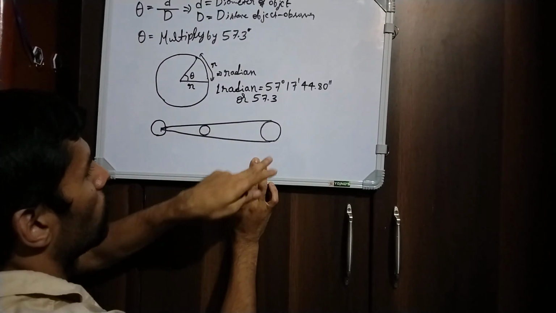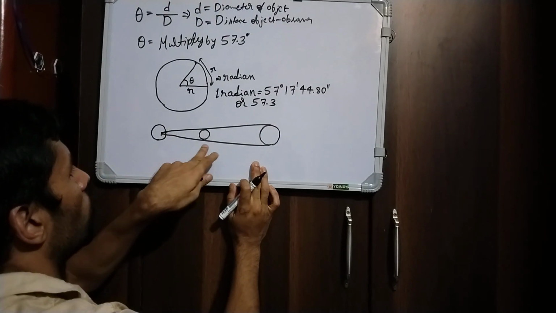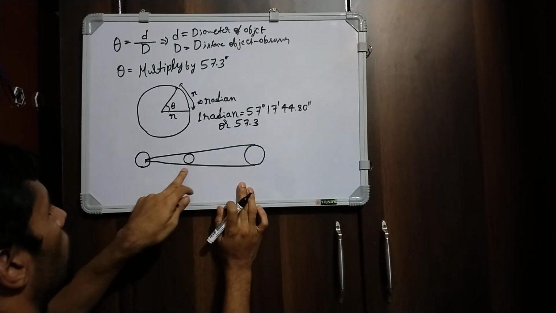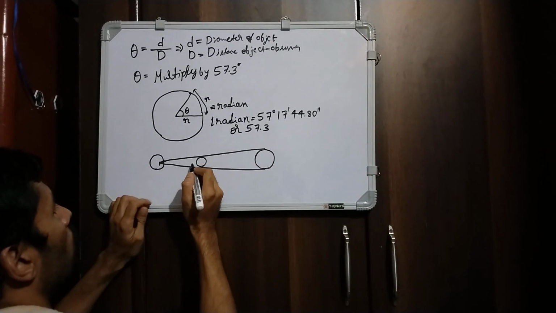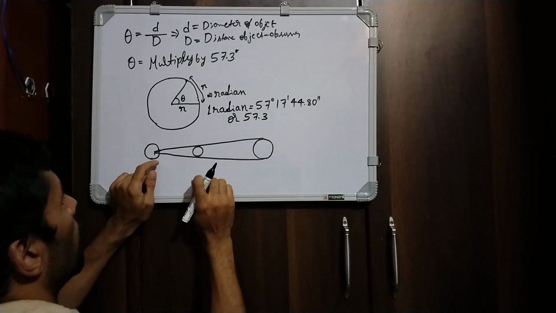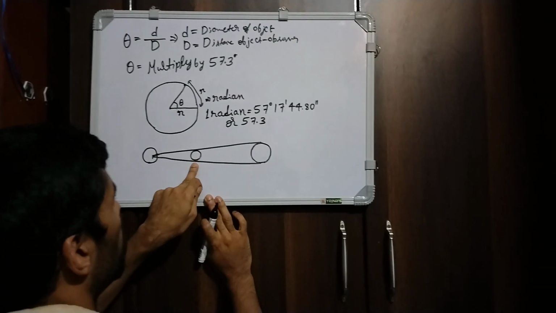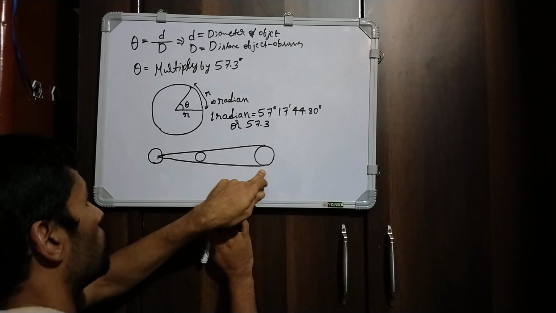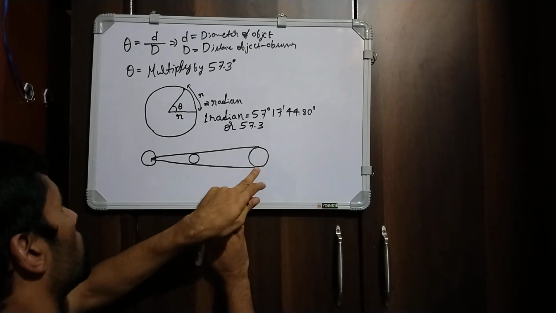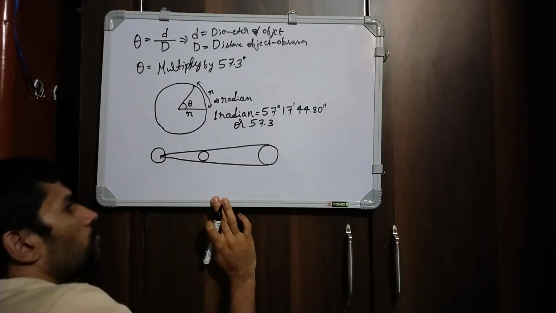Now as you can see, the sun is much bigger than the moon, but the moon is quite closer to us, so the angle subtended by these two at our eye are equal. So we call the visual angle of the moon is exactly equal to the visual angle of the sun. This is called a total solar eclipse.